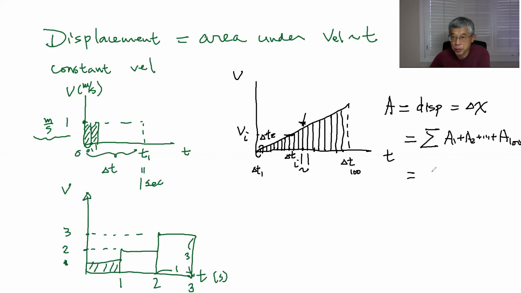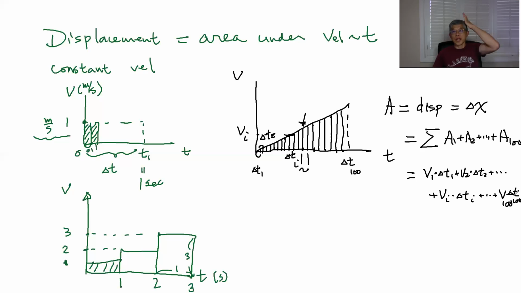So it's V1 times delta T1, plus V2 times delta T2, and so on, plus V i times delta T i, and then V100 times delta T100. You add them all together, and that's going to be your area.